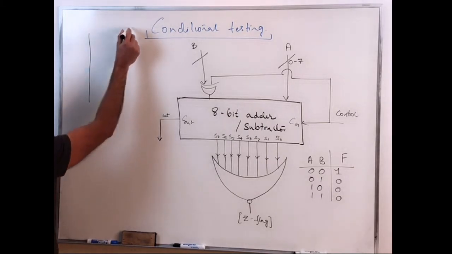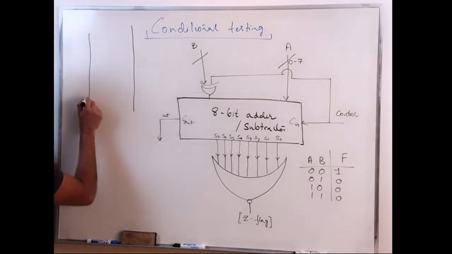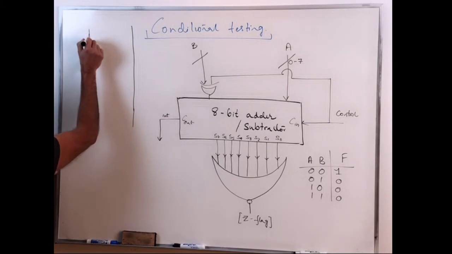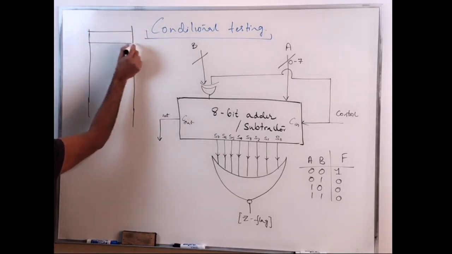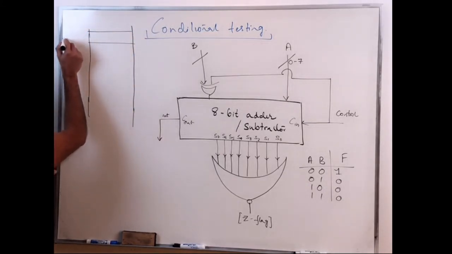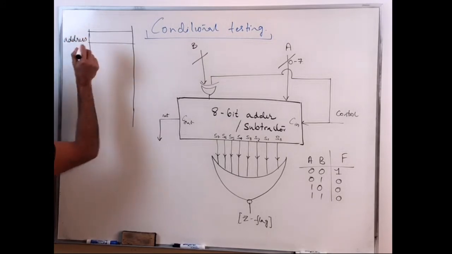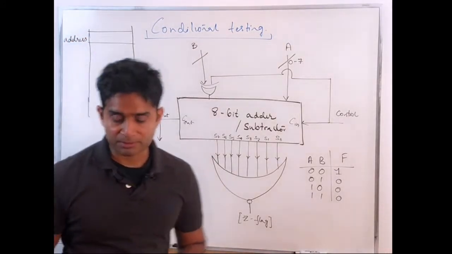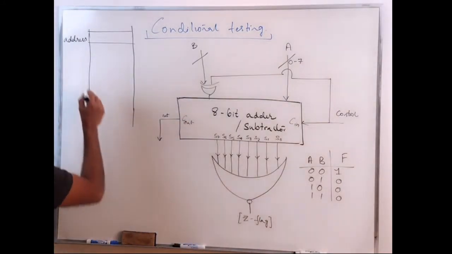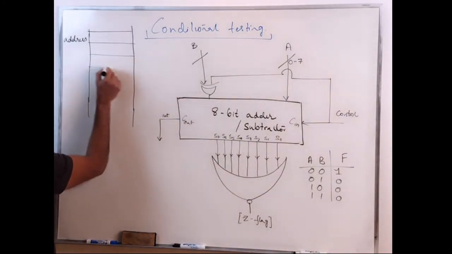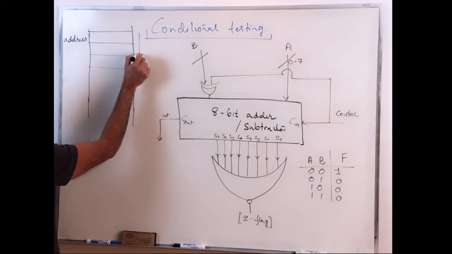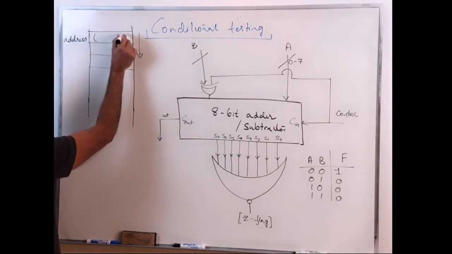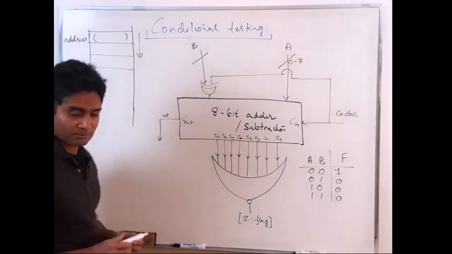This is my memory where I'm storing my code. So I start with some memory location. Each memory location is numbered, with a unique address associated with it. So I store my code, and my code goes sequentially. Each memory location will hold a machine code, the ones and zeros.